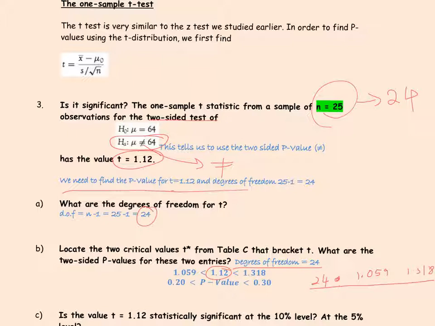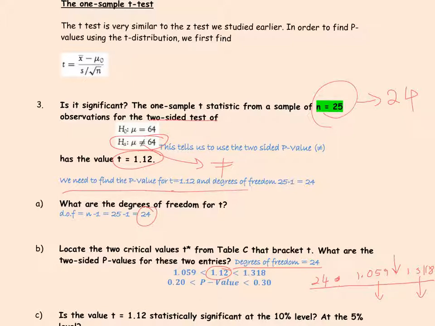So please keep the table C in front of you when you're doing this video, so that way you know exactly where the numbers are coming from. Now 1.12 lies between these two numbers. This is where t equals 1.12 sits. Now we go down this column and we go down this column to find the p-values at the bottom of the table, the two-sided p-values for these two t statistics.